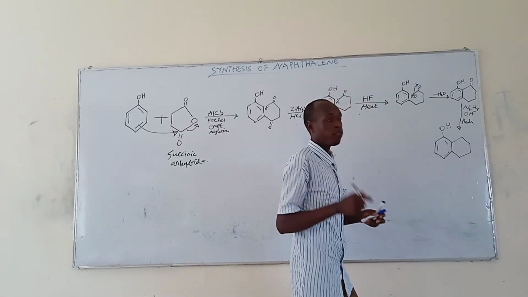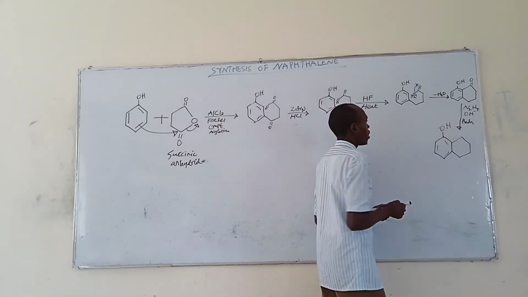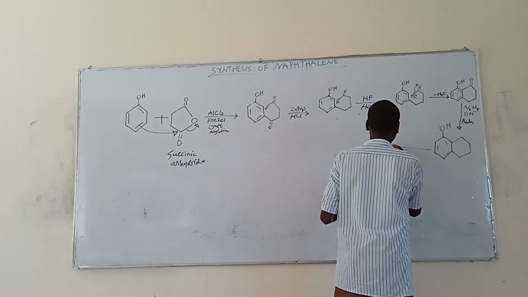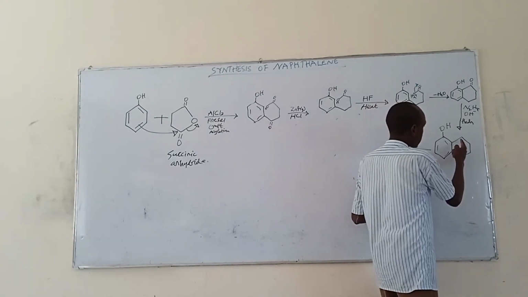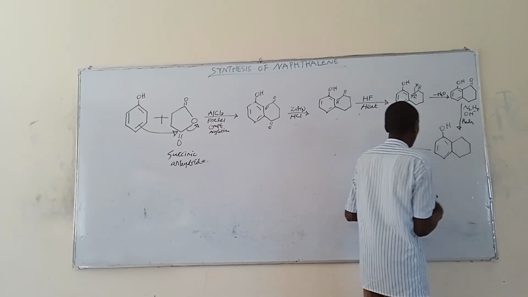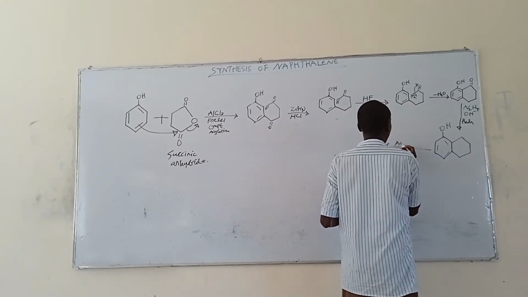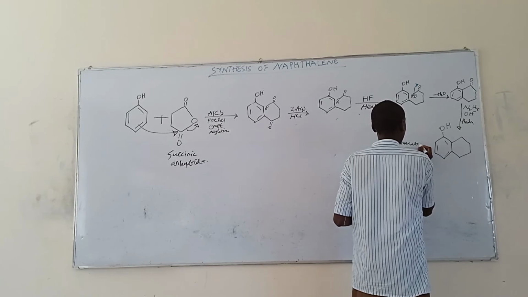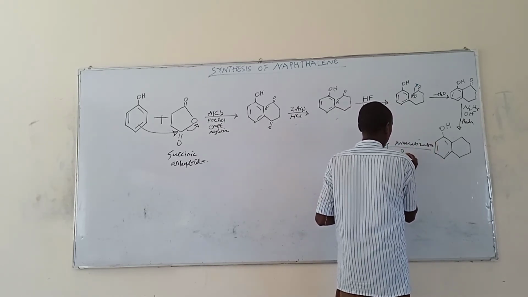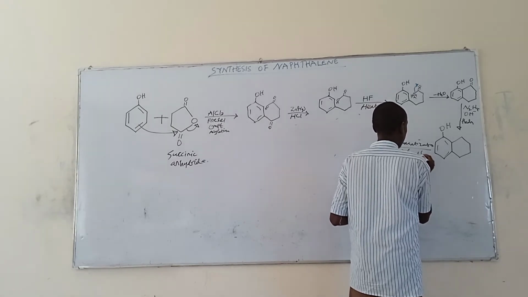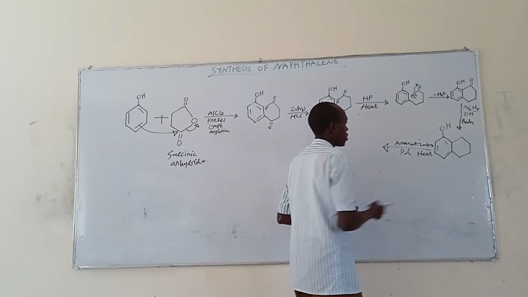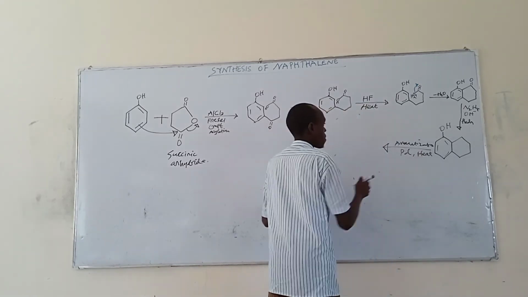We are left with one final step, step 3, which we call aromatization. You realize that this ring is aromatic, but this ring is not aromatic. So we conduct aromatization using palladium in the presence of heat.